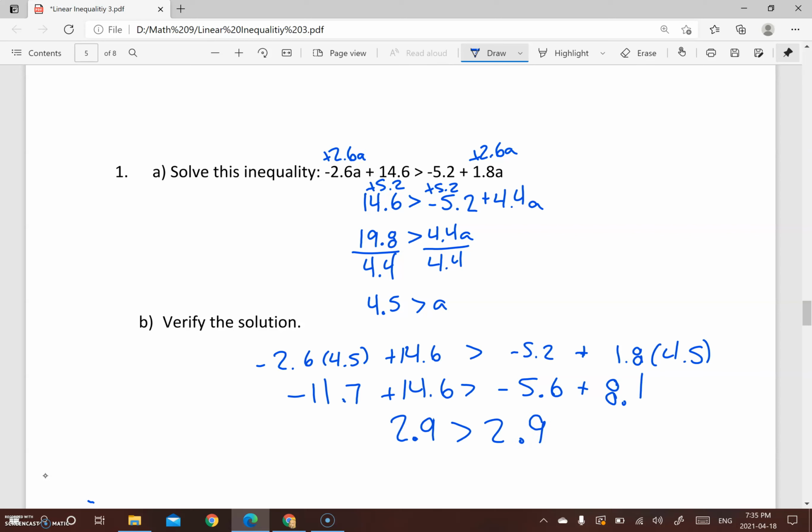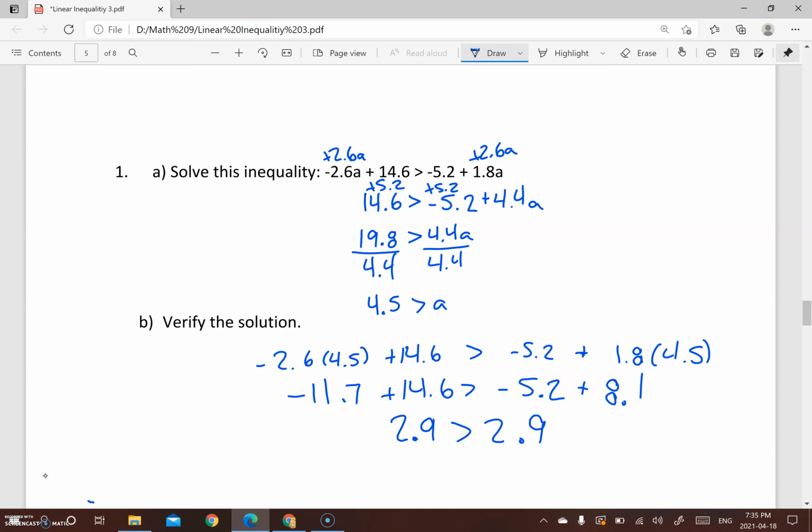Oh, and sorry, that should be a 2. That was my mistake. There we go. So 2.9 equals 2.9, which is good.